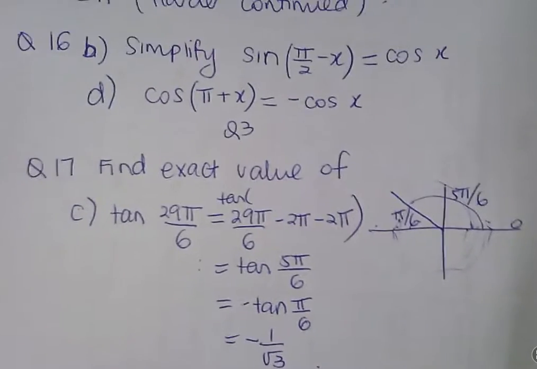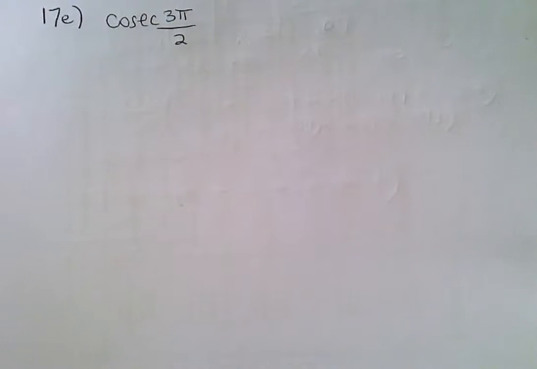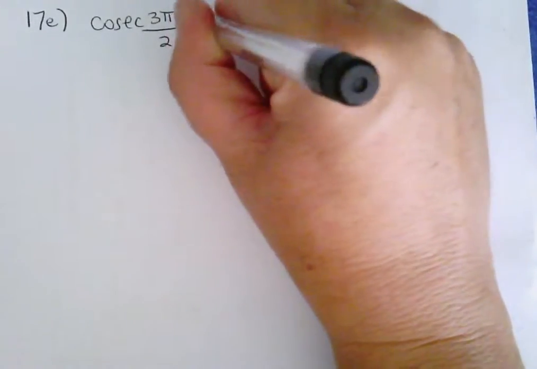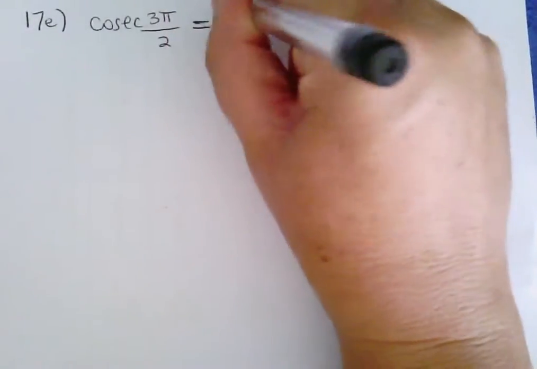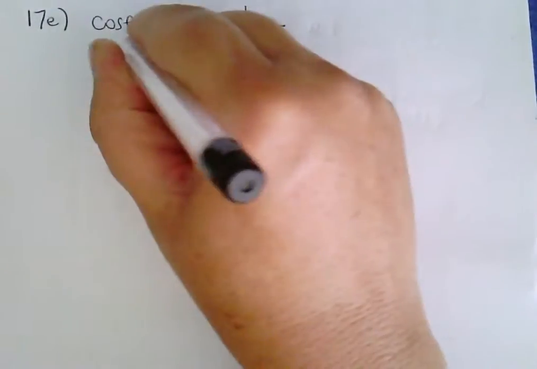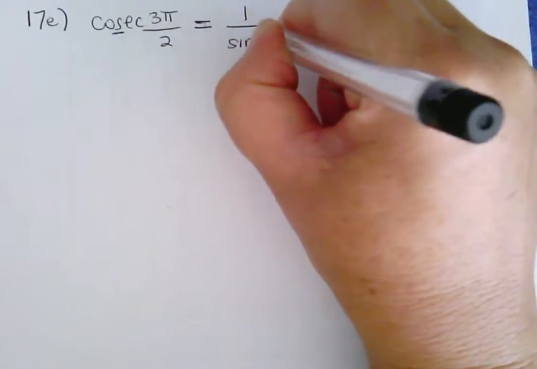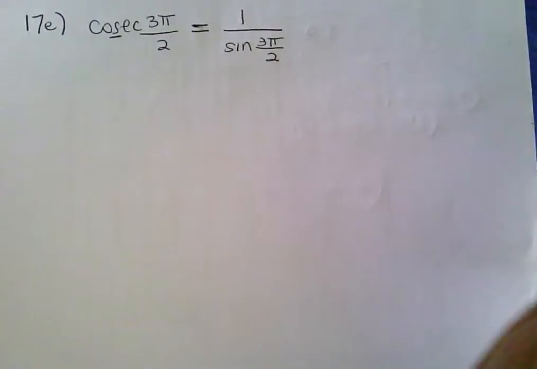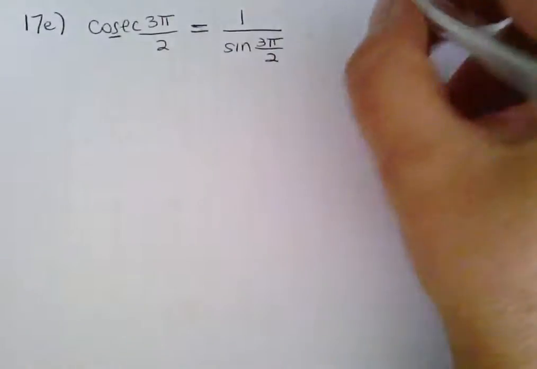Right. Keep going. Just another question from question 17. It's to find the exact value of cosec 3 pi on 2. Now, isn't cosec 1 over? 1 over what? Sine. 1 over sine 3 pi on 2.